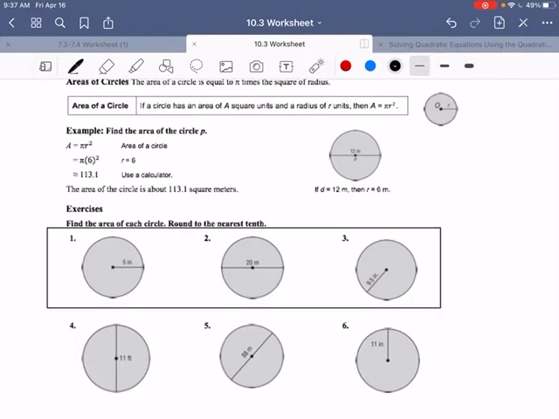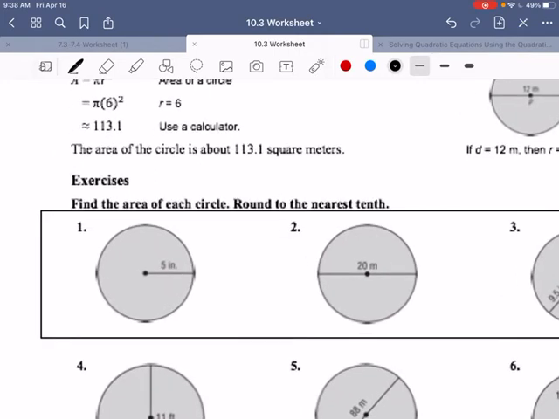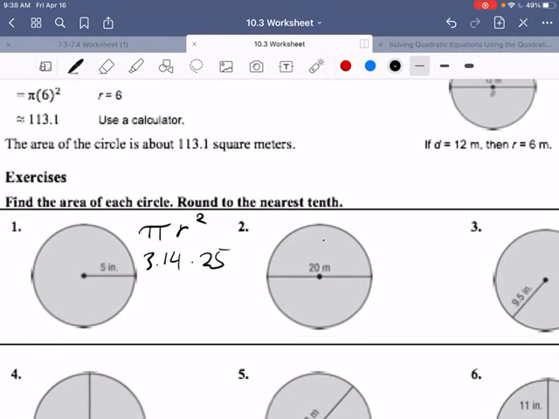So here we're going to do 3.14 times 25. Not too hard. Here, you just have to make sure you pay attention. If they give you the whole diameter, you need just the half. So it'll be 3.14 times 10 squared. And over here, you can figure that one out and use your calculator to do the rest.